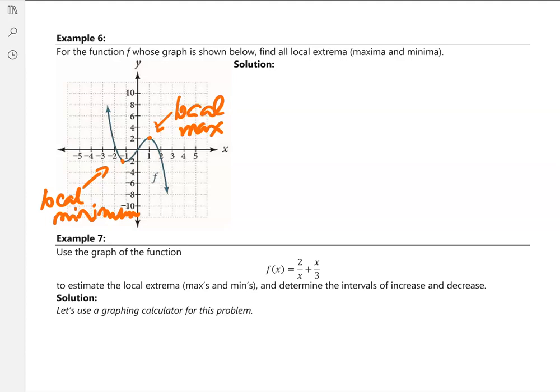So that's local minimum, that is from -1 to 2 to -2.